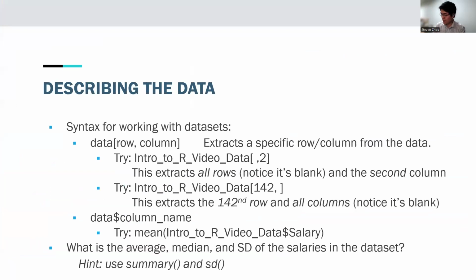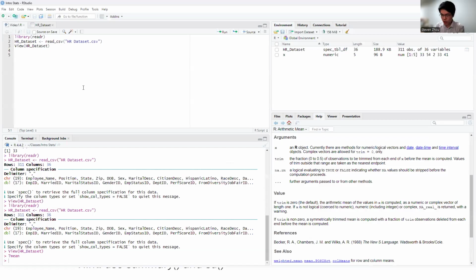Now let's start doing some things where we're going to do the mean, median, standard deviation, and so forth, working with that new data set. Here's some grammar or syntax for working with data sets. You take the object and put a bracket to do a row, comma, column. Let me show you what it looks like here. I'm going to take HR underscore dataset and type in a bracket.